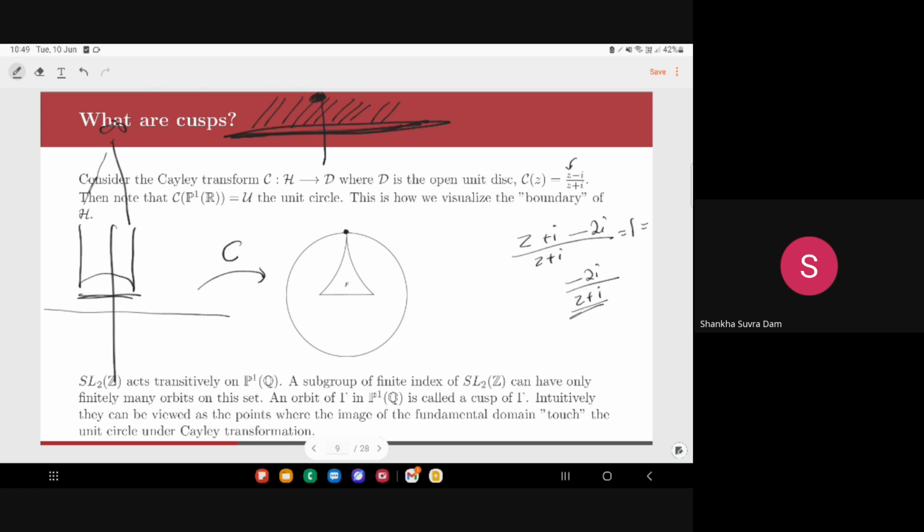We will see that it maps to 1 over here, so 1 on the unit circle. So basically the figure should be rotated. This should be the axis. This is 1 and this is -1, and this is minus i and this is i.